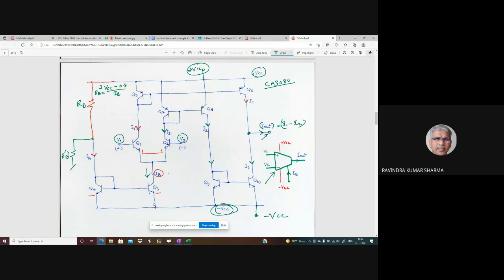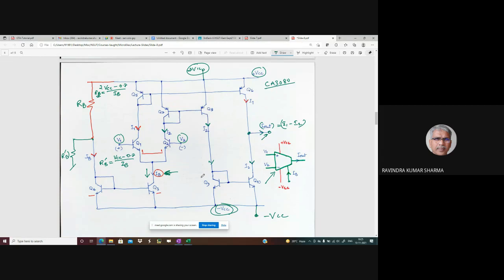You find out how much IB current you need, and from that IB current you can decide what RB will be. Similarly, the formula for RB dash here: because it is now going to ground, RB dash will be simply only VCC minus 0.7 divided by IB. So that's the difference between connecting RB towards VCC or towards the ground.